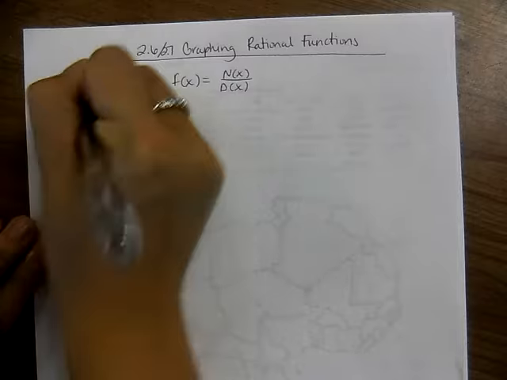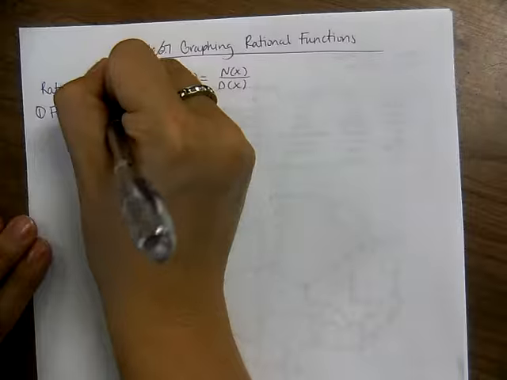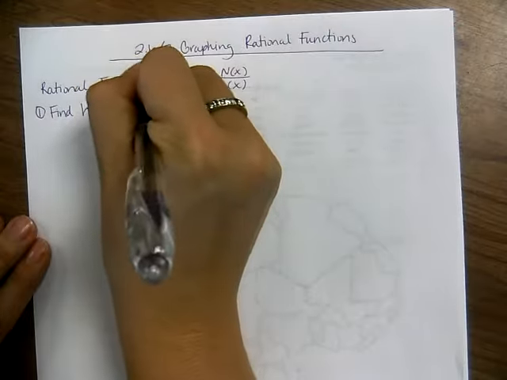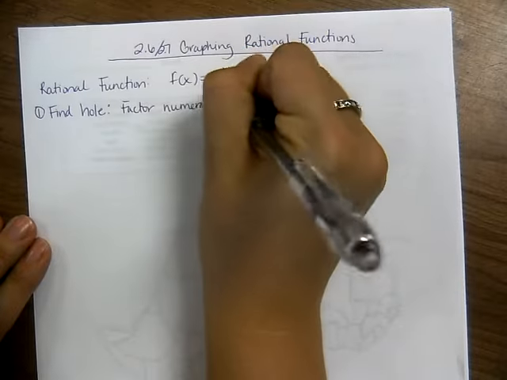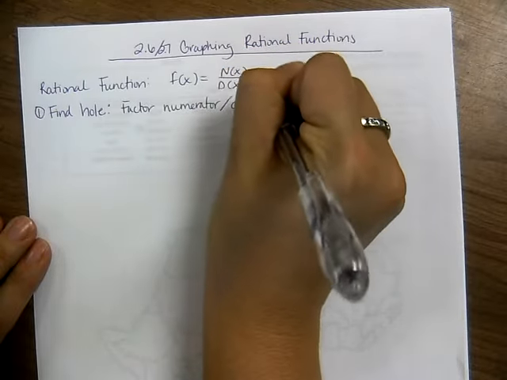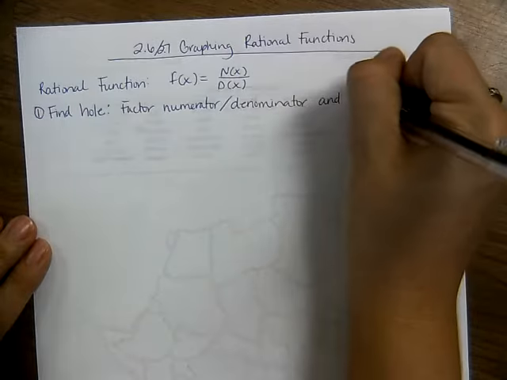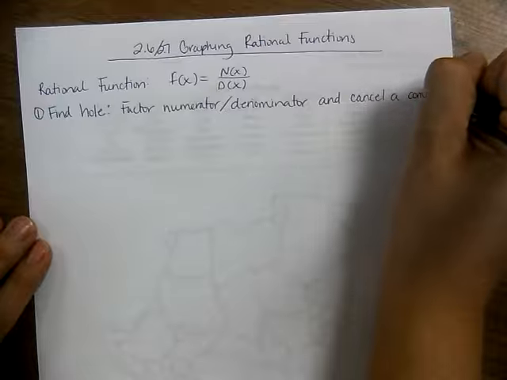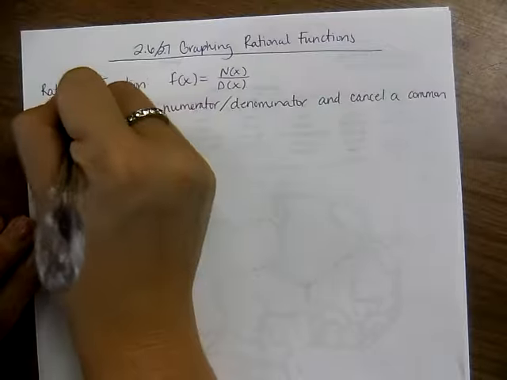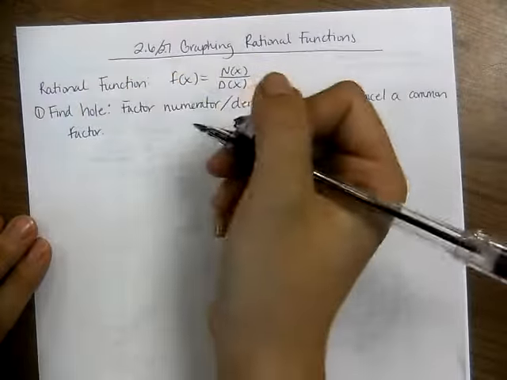The first one is to find the hole. Okay, so to do that, you're going to factor the numerator and denominator and cancel a common factor. If that happens, then you know there's a hole.